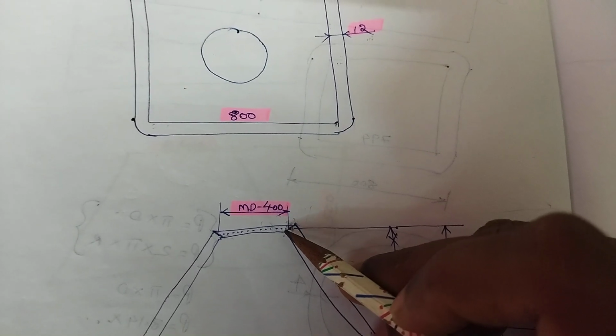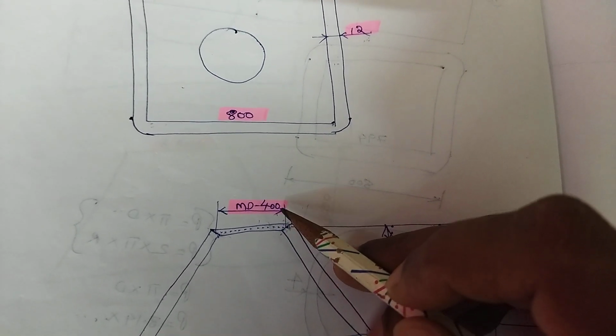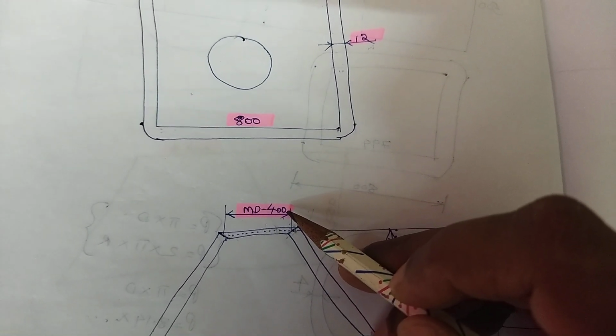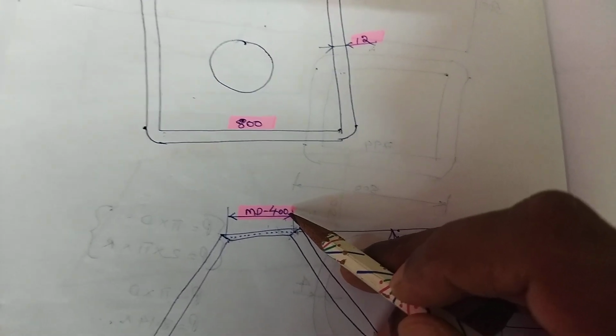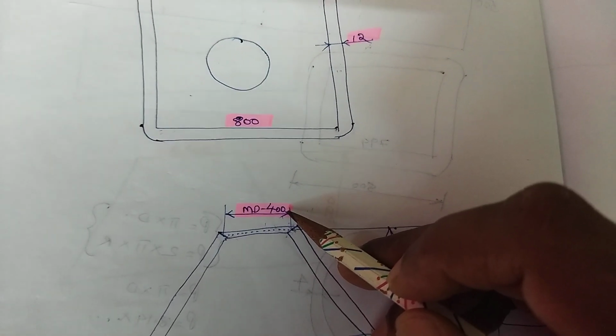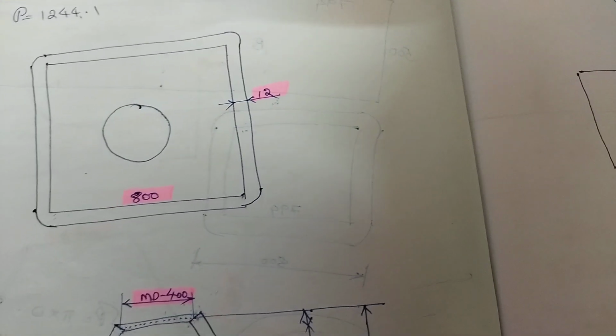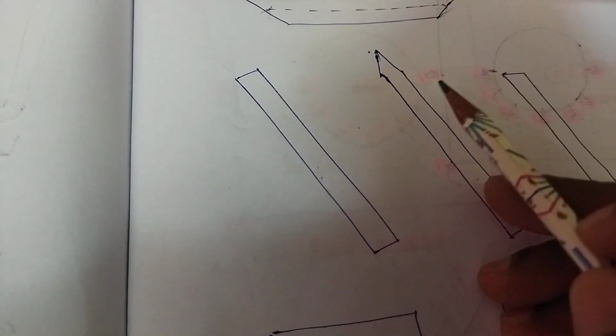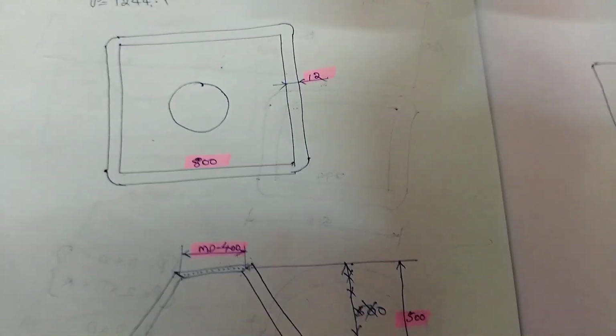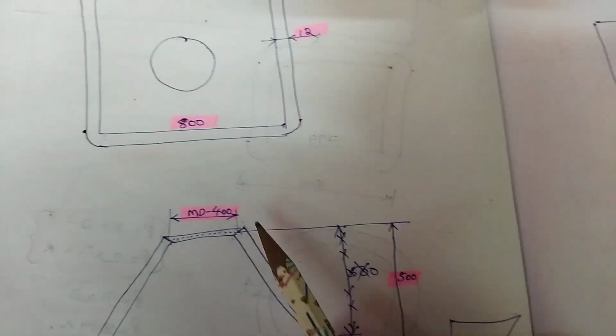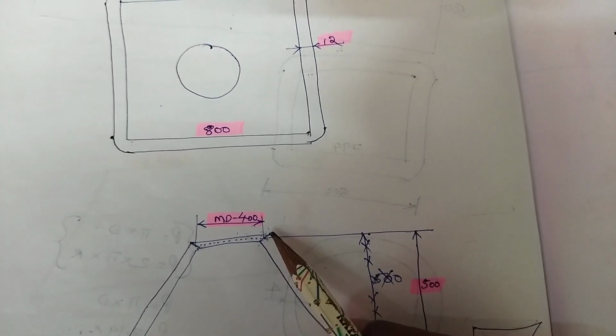It means from this inner corner one line has to reach up there. That kind of job we need. If somebody tells like that, our cutting has to change like this, and our calculation and development will also change. But the ordinary way we do like this.